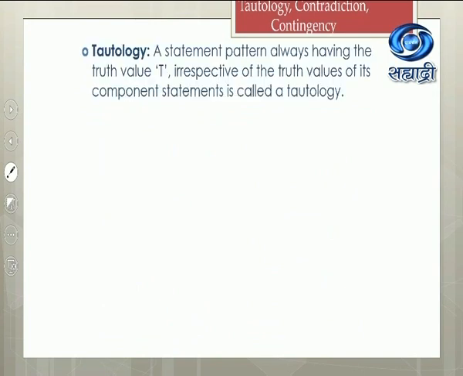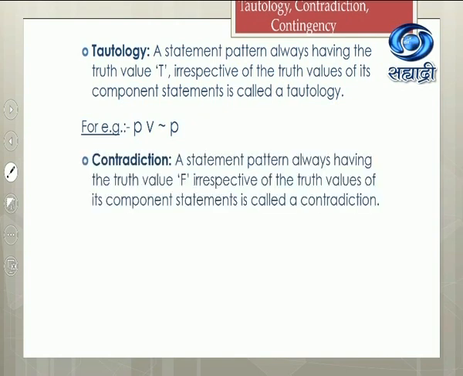Now let us see what we mean by tautology, contradiction and contingency. Tautology: a statement pattern always having the truth value T, irrespective of the truth values of its component statements, is called a tautology. For example, P or negation P. Students, you can do this at home and see if all the entries are true, then it is a tautology.